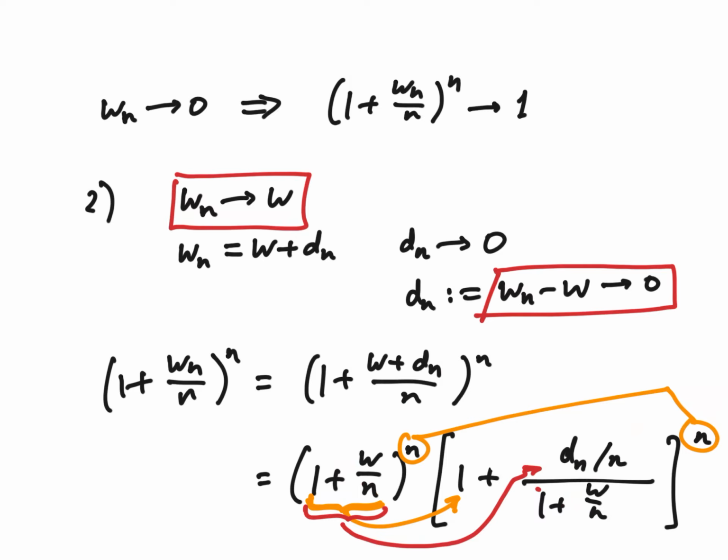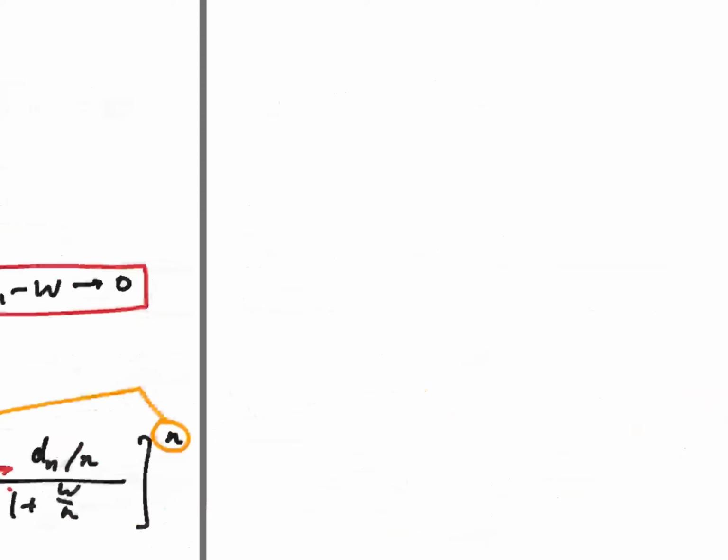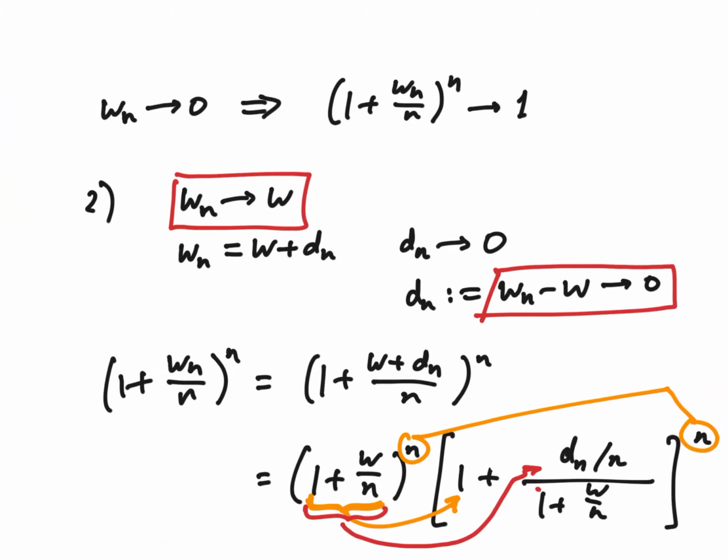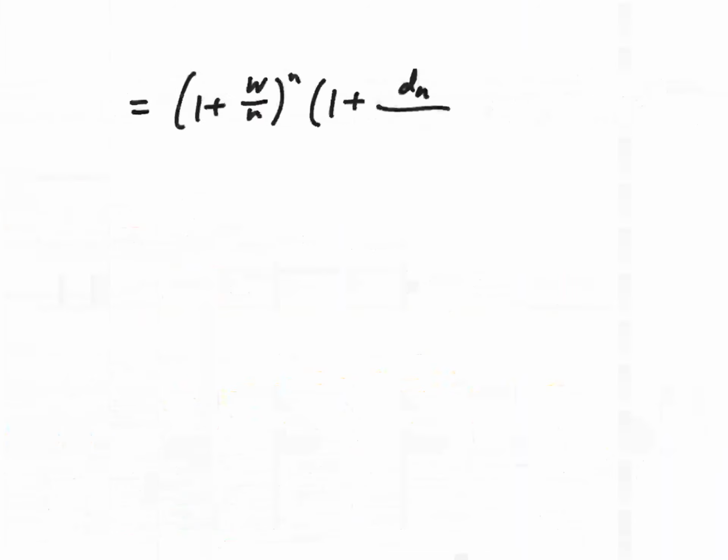Okay, but then we can simplify a little bit. So let's see what we have. We have dn, and then there's 1 over n, which can go in the bottom. So that's equivalent.